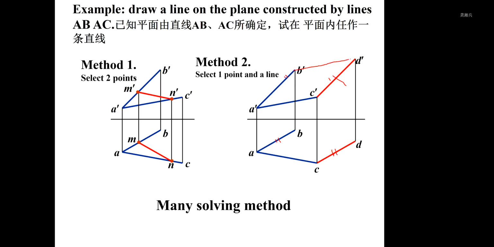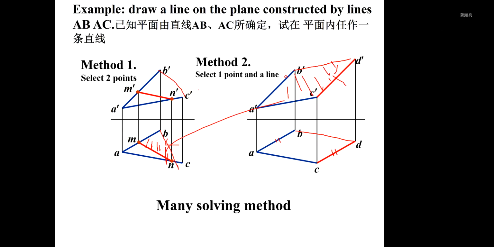Remember this one because all the lines belong to a plane. Just line them together. So this plane ABCD is a plane. Any shape, yeah, you can just line them together here. Use a triangle to represent a plane. You also can use any shape to represent a plane. So these two planes are the same one.